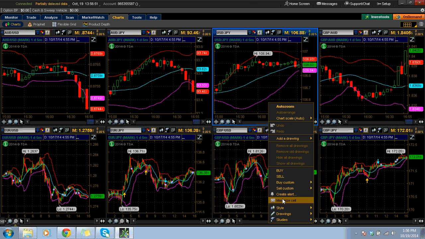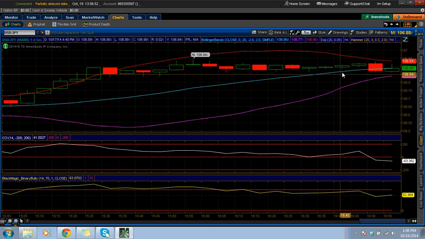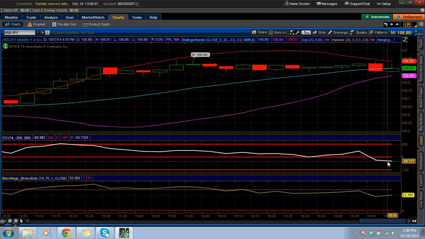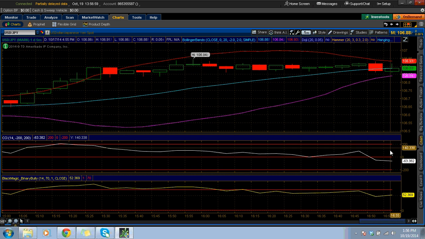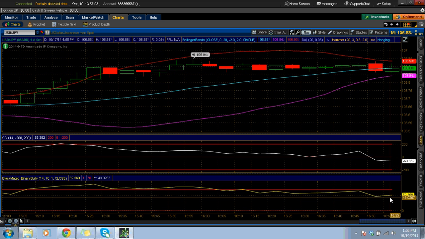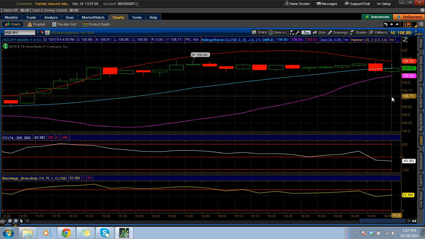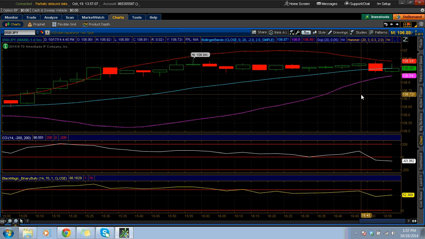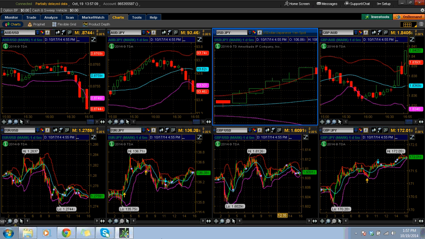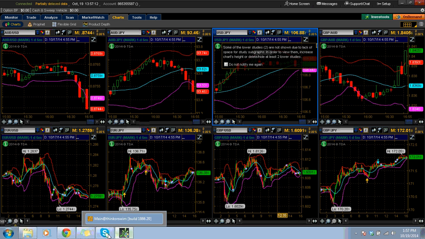Make sure you right click, choose maximize cell, and then read it. Make sure the CCI and RSI are very close to what the chart is showing you here, okay? That is the Black Magic strategy, 5 minutes.